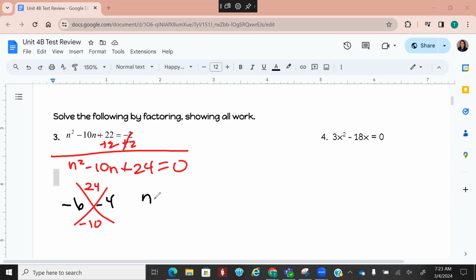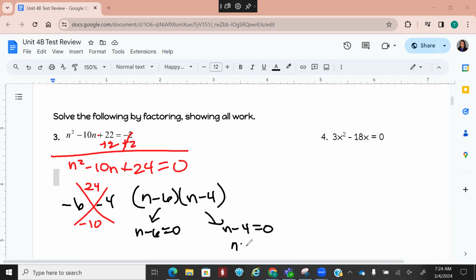This is going to give me n minus 4 and n minus 6. Now we're going to take each one of those, set it equal to 0, and solve. That's just another fancy way of saying flip the sign. Ta-da!